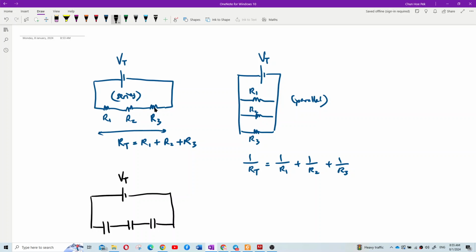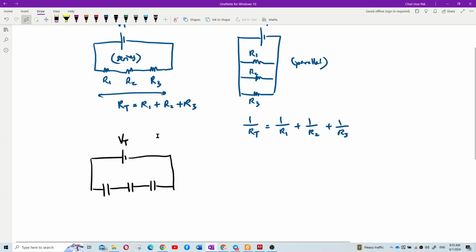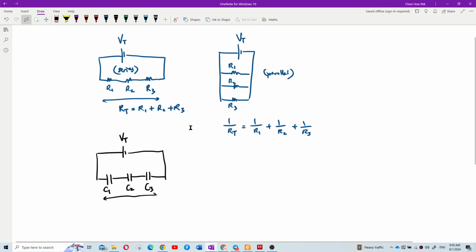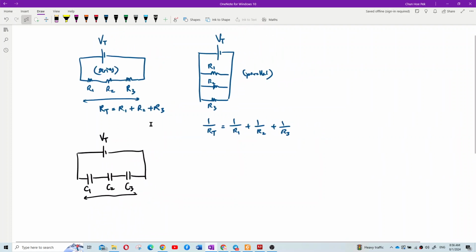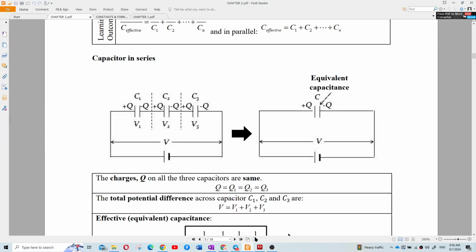Put it as C1, C2, C3. This one is in series. So the total capacitance for this one, what do you think? Does it still follow the resistor formula? Definitely not. Look at the notes.